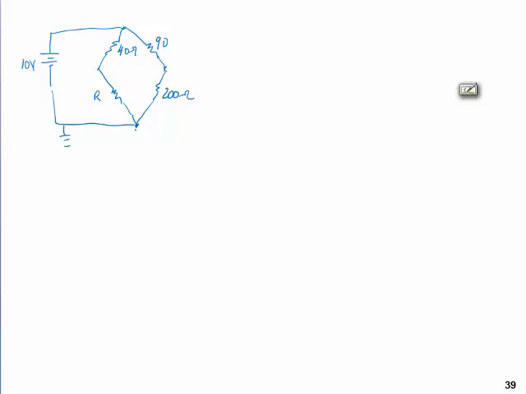I have 10 volts here, I have 0 volts here, and this voltage here, voltage A, I'm going to make it a node, and this one right here is going to be voltage B. What is really the voltage A there? It's really a voltage divider. It's 10 volts times R over R plus 40, and that's what the voltage is at voltage A. What's the voltage at node B?